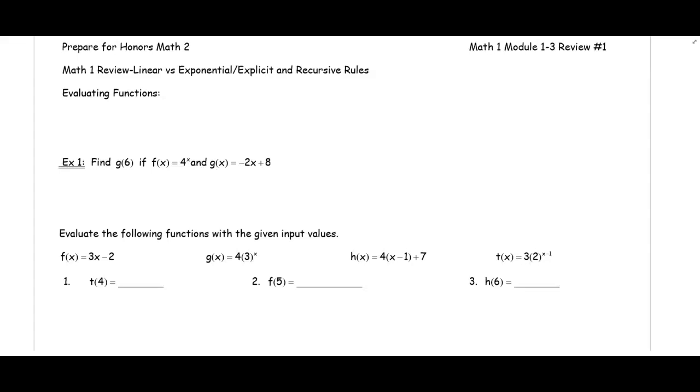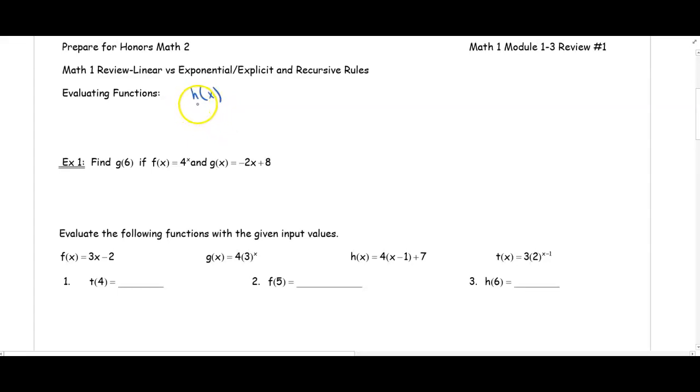All right, so a quick review from Math 1 on evaluating functions. The first thing we're going to talk about is function notation. When I look at function notation, you always have what we call a name and then the input.